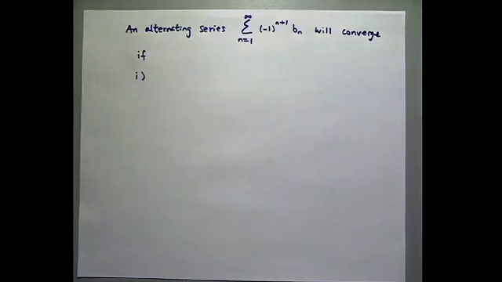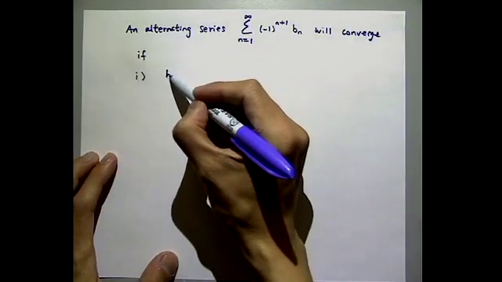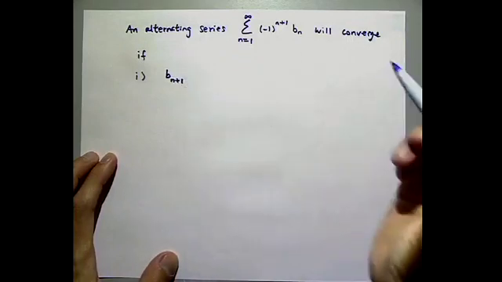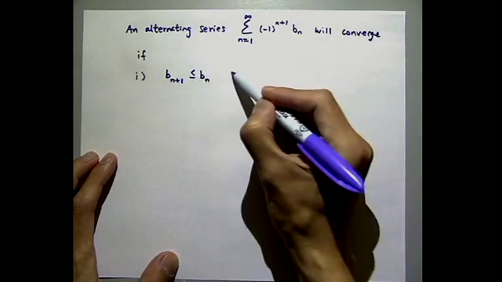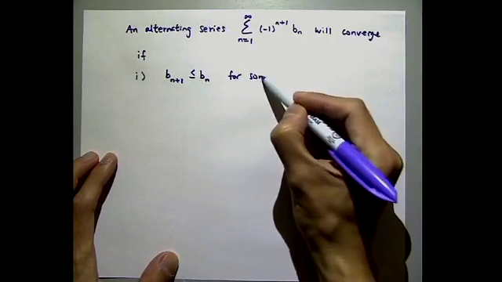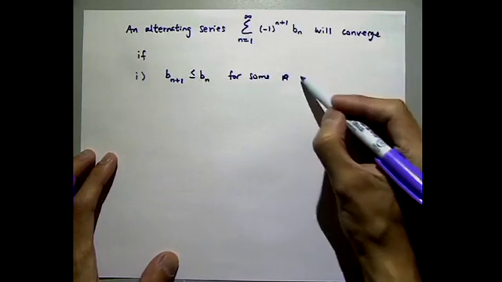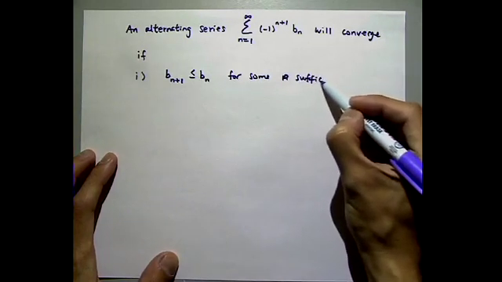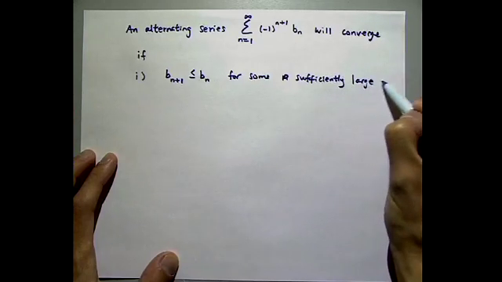So here are the two conditions. The first one is that b sub n plus 1 is less than or equal to b sub n for some sufficiently large n.